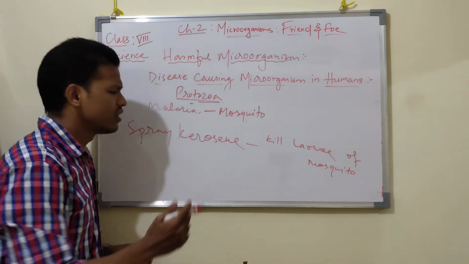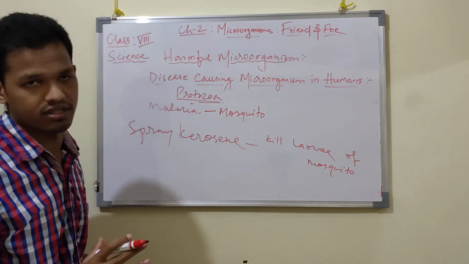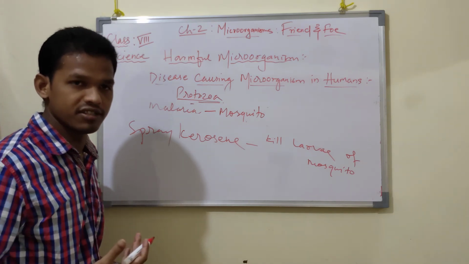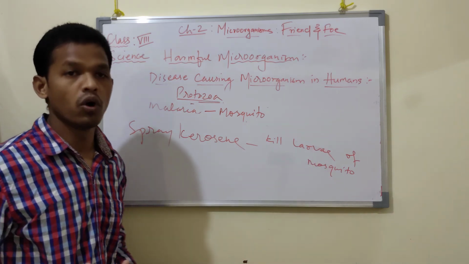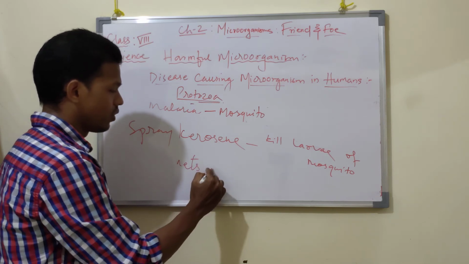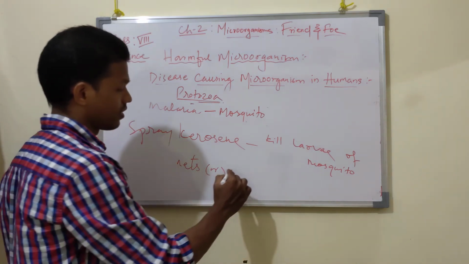These are the preventive measures we are discussing. How do you prevent all these kinds of diseases? Spray kerosene, kill the larva of the mosquito. Also, you can use nets, or you can use repellents.